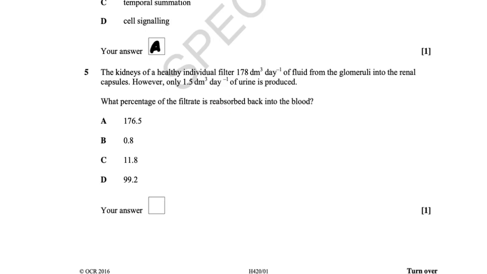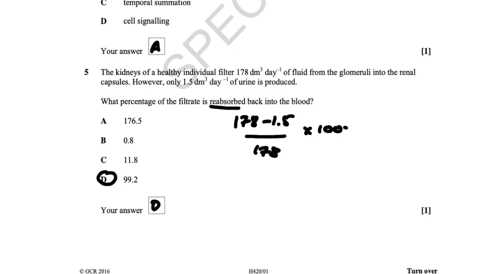So the way you'd have to do this would be to take 178 minus 1.5, divide by 178, and multiply by 100. And this is D. The mistakes people make here is they miss the point of reabsorbed. They miss what's going on there.